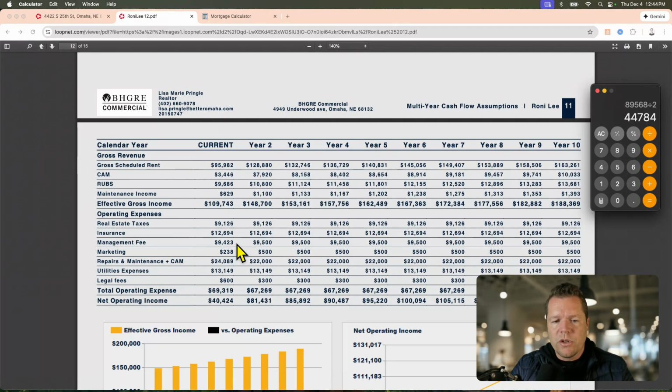Now, sometimes when you look at smaller properties like this, like a mom and pop selling it, they won't put a management fee in these numbers, and you have to add one in because you want to compare all these properties apples to apples. They won't put a management fee in because they run the property, and they might do the maintenance too. So their maintenance and repairs cost is going to be lower than what it would be if you bought it and had to hire those things out.